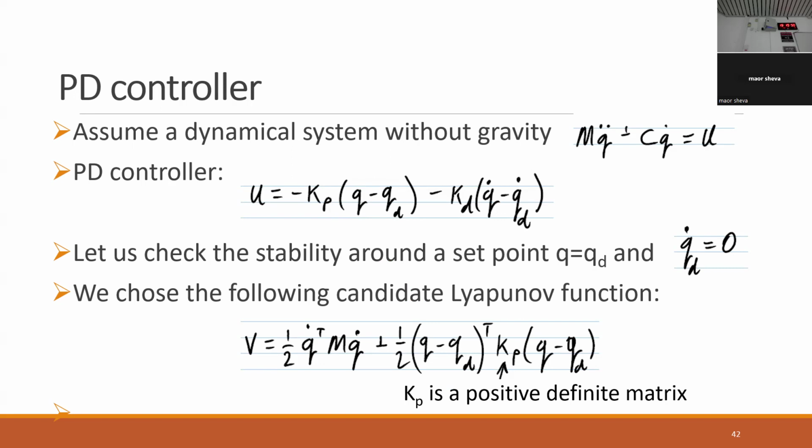And we want to check if it is a stable equilibrium at the set point, if the system will reach this set point. So it's no longer trajectory following, it's no longer following a specific trajectory, it's just getting into a point.